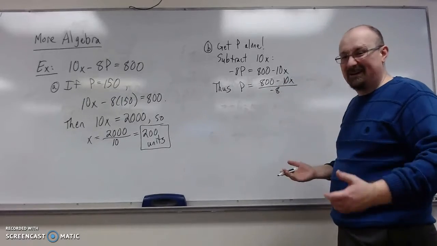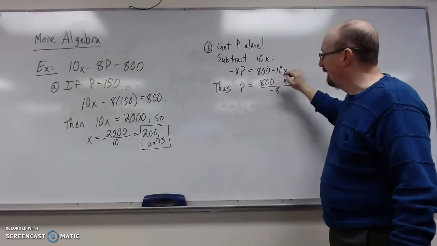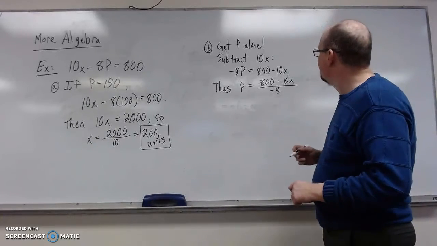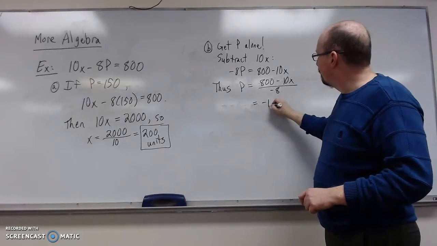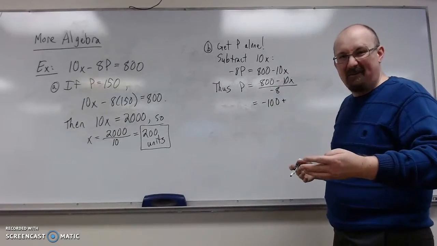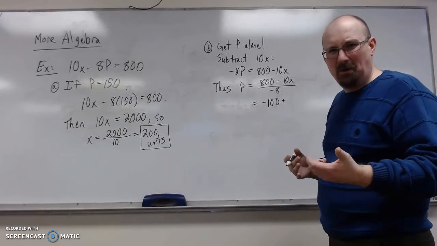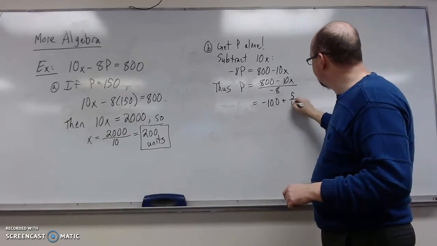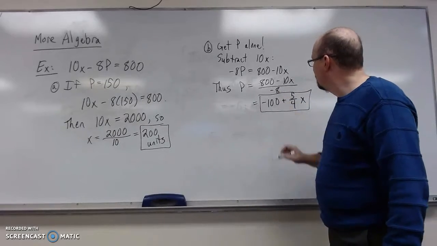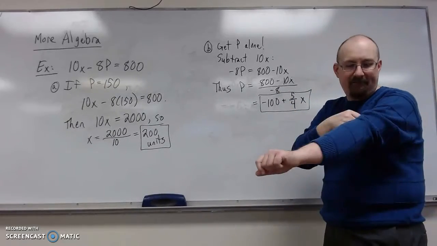If you're typing numbers into your calculator, remember to put parentheses around the top of this fraction or else it'll screw things up. So we get negative 100. The two negatives cancel. 10 divided by 8 you can write as a decimal, or I'm just going to write it as 5/4 x. So we have negative 100 plus 5/4 x.